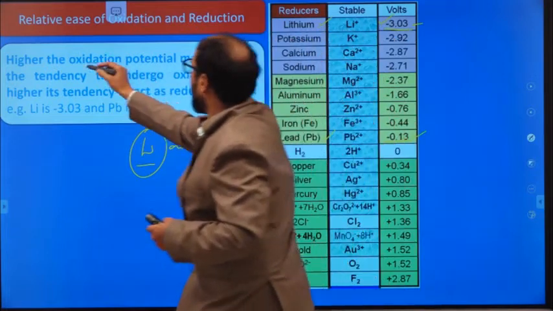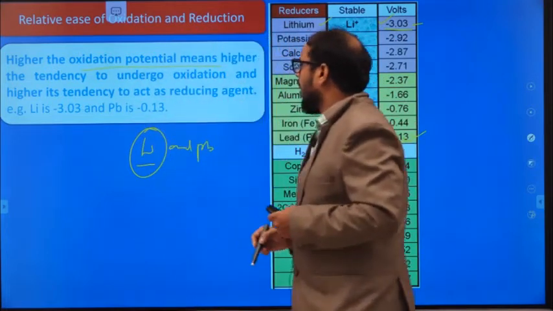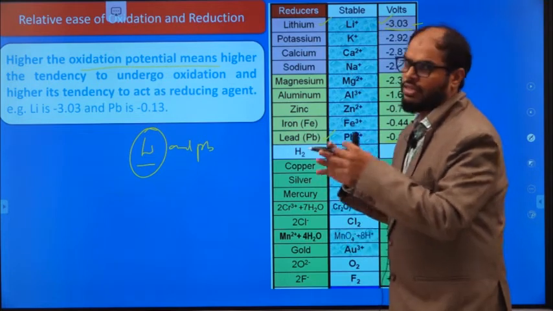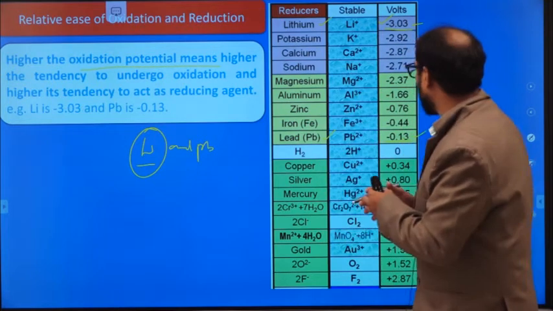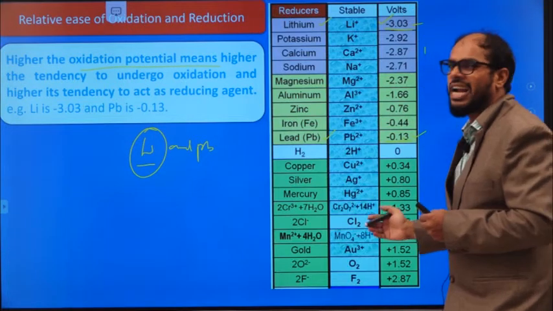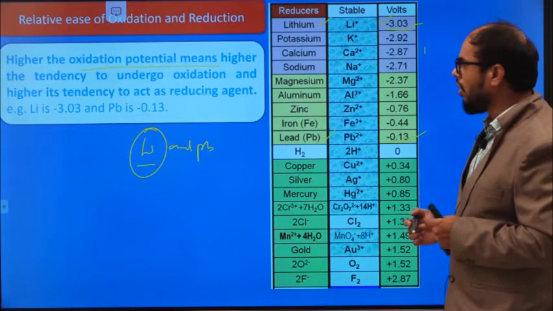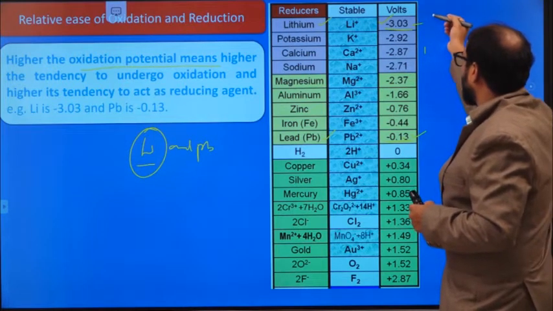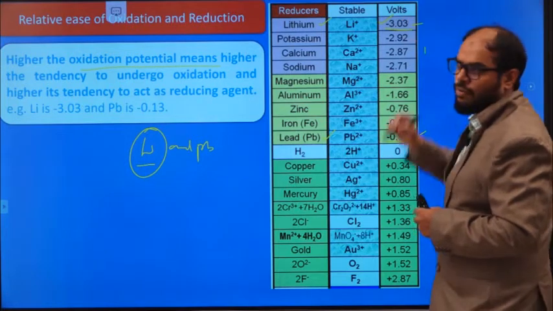So higher oxidation potential means higher tendency to undergo oxidation. Here we should make sure that all the elements are arranged in the increasing order of their standard reduction potential. So if it has a higher oxidation potential value, it will have a lower reduction potential value.